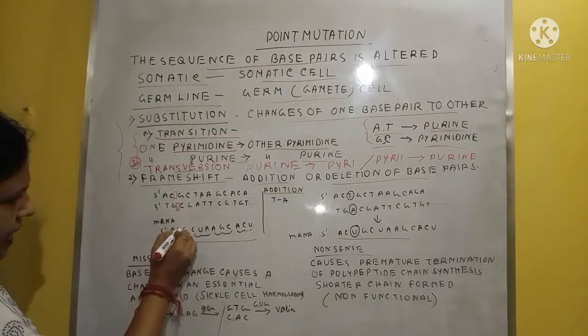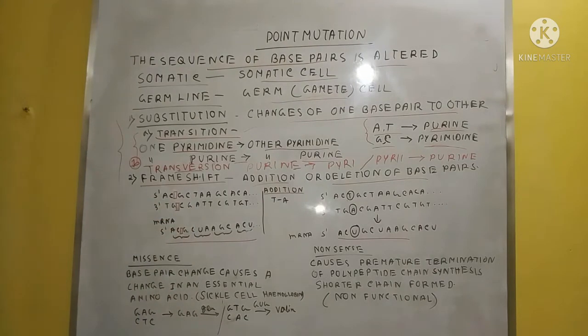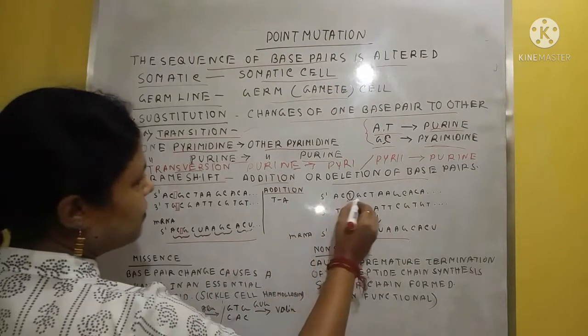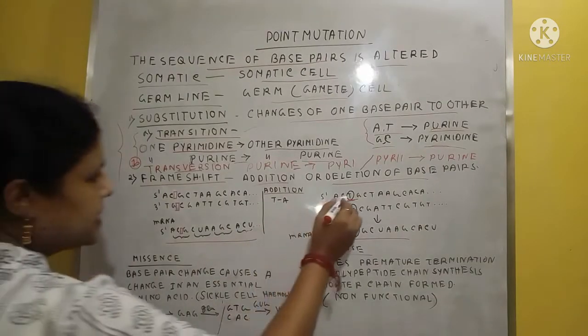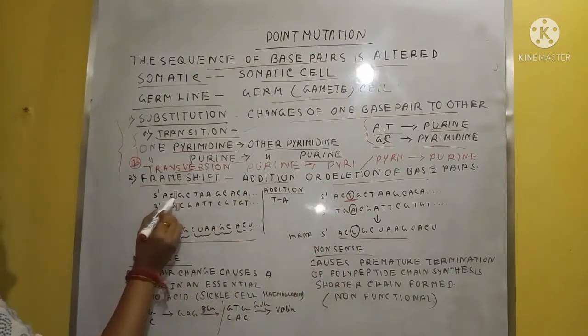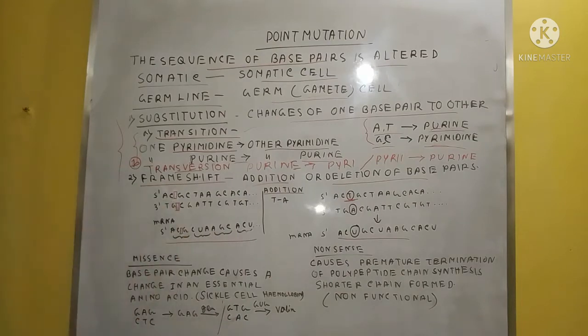Here one entry, or one addition, of a T base pair is seen between the C and G, and then what happens there?